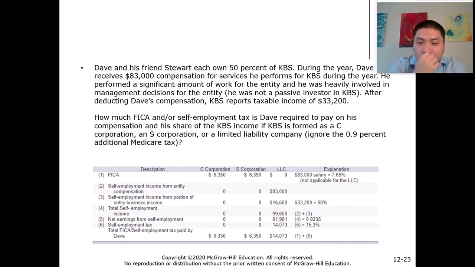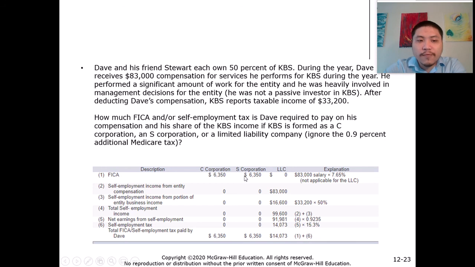But in this case, Dave still works for the company, so he can be treated as an employee of the company. The company is going to pay FICA tax for the employer portion, and then Dave himself is responsible for paying the employee portion. So that's why for a C corporation or S corporation it is the same.